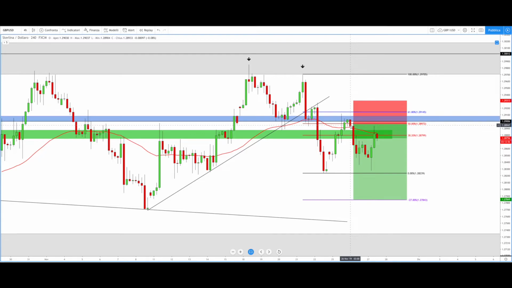From this point we can see that the price start a strong bearish movement that this morning perfectly close the weekly gap here.